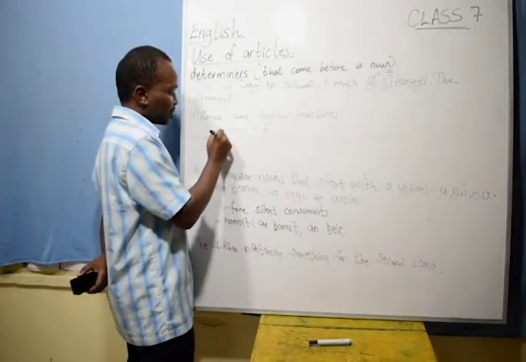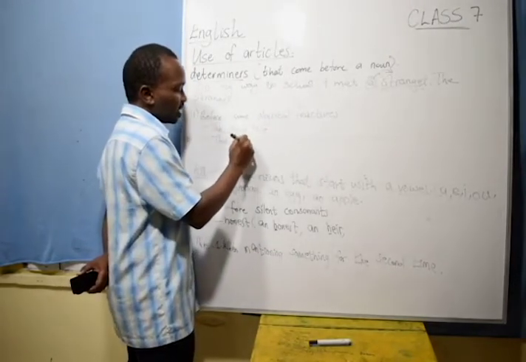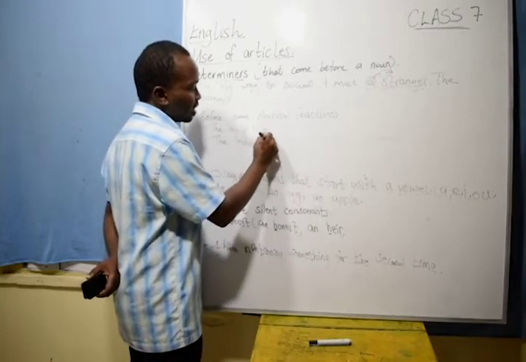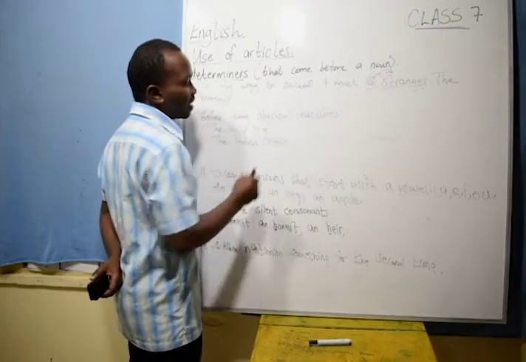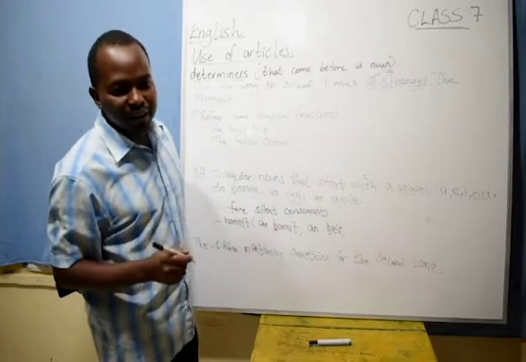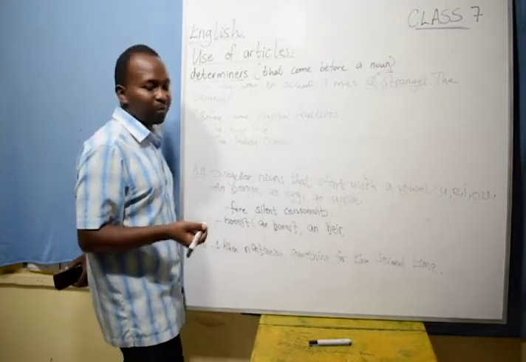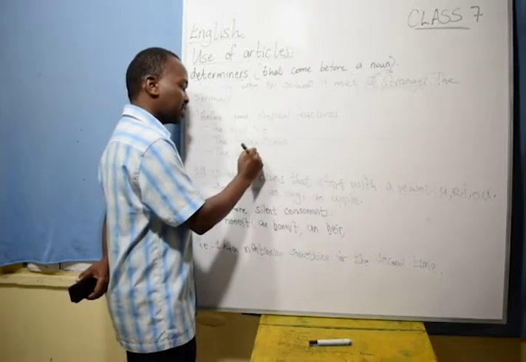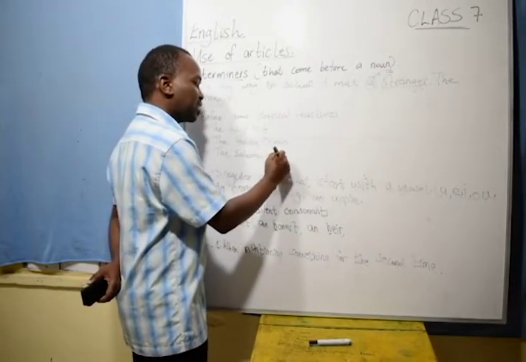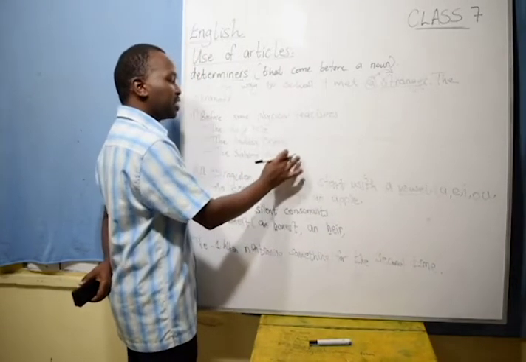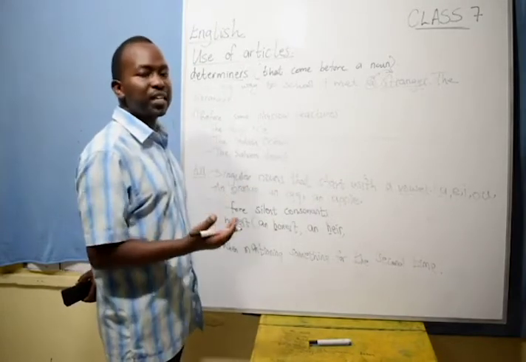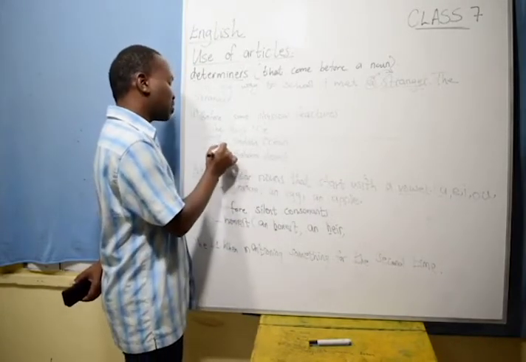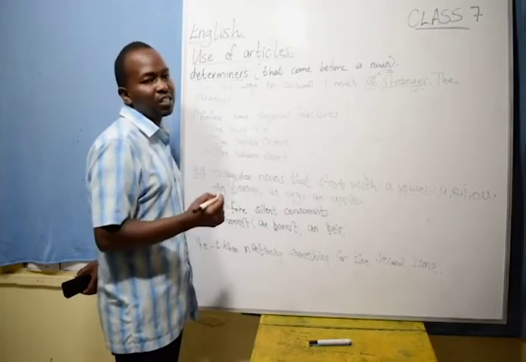We have the Indian Ocean. Also, you may talk about the Sahara Desert. This is important for you to know because certain names of physical features must have article the.